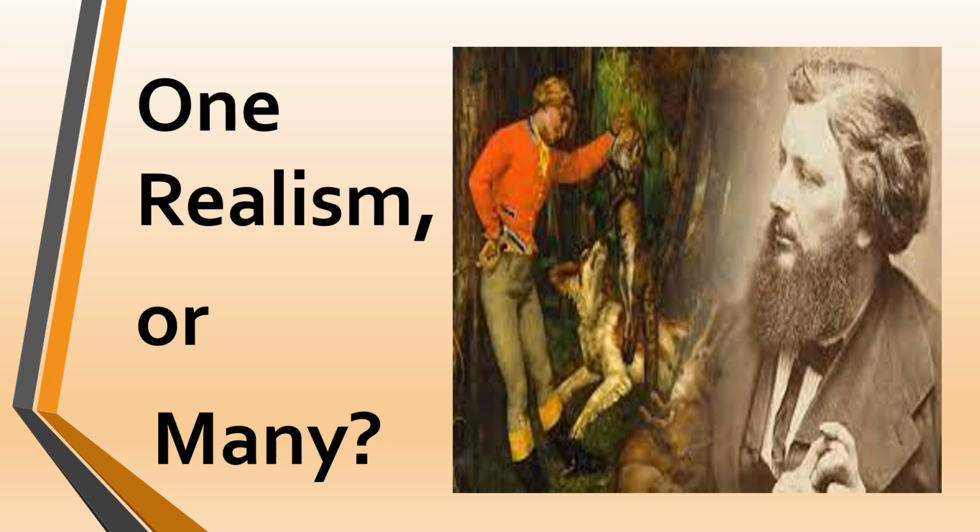Now let us discuss: one realism or many? There is no consensus among theorists of international relations with regard to the taxonomy of realism. The question as to whether realism constitutes a single coherent theory or there are different strands within realism has proved increasingly contentious.